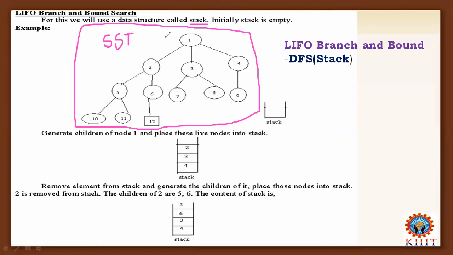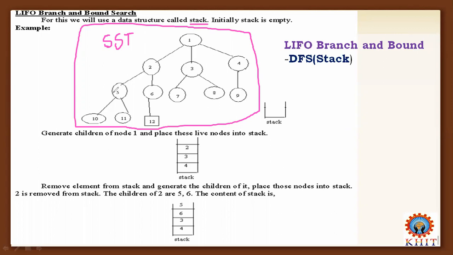In the state space tree, node 1 is considered a live node. The live node has 3 child nodes, and these are further expandable with child nodes. That's why node 2, node 3, node 4 are considered live nodes. If I consider node 4 a live node, then nodes 7, 8, 9 are child nodes, but they are not considered live nodes because there are no further child nodes to be expanded.